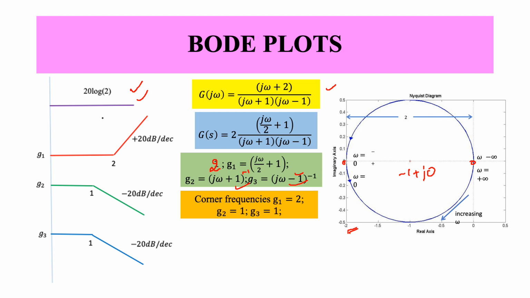This is because the magnitude is the same for both: 1 by the square root of omega squared plus 1. So the magnitudes are the same. Just by looking at the magnitude plot, I may not be able to say if the system is stable or not, because plus 1 and minus 1 will be the same.